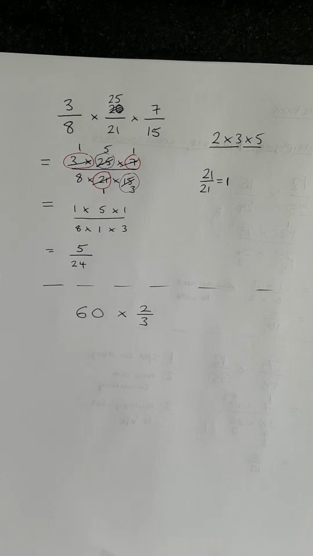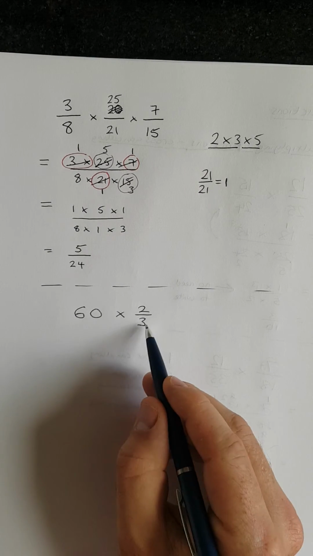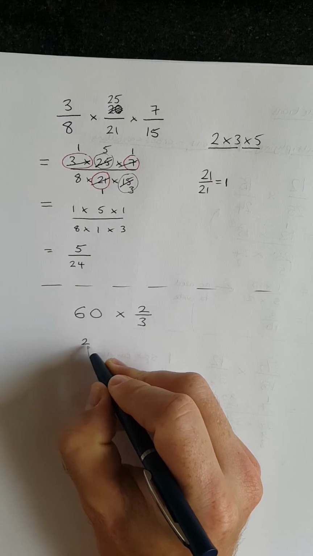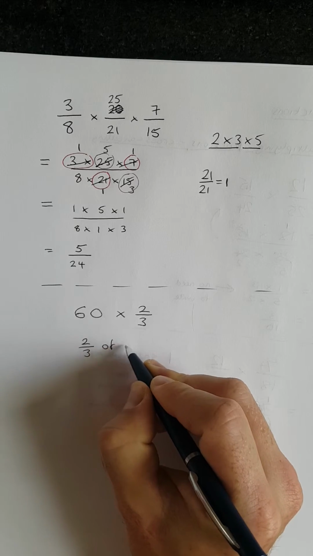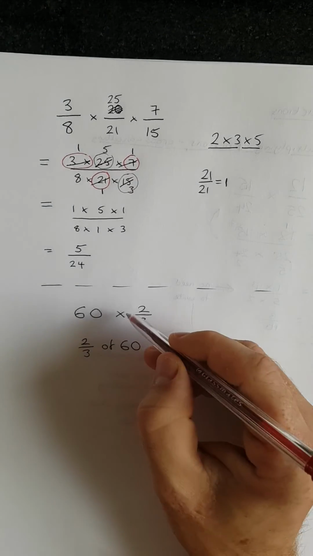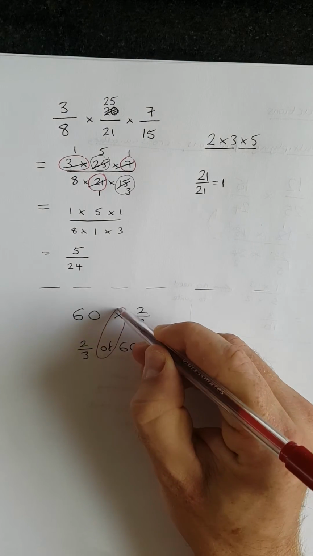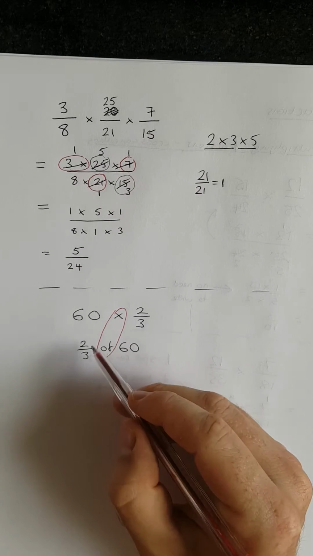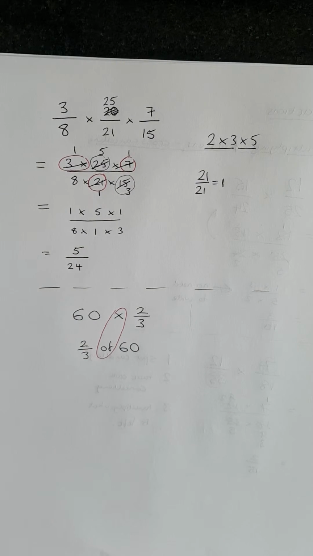If you think back to just a couple of videos ago, we were tackling this problem, and we tackled it rather well. But we wouldn't have seen it written in this format. We'd have seen it written like this. Where of was there instead of multiply, and we know those two are equivalent. And we'd have seen these two the other way around.